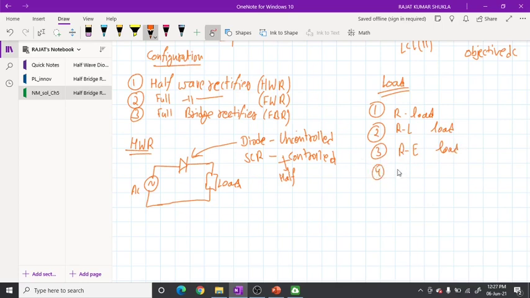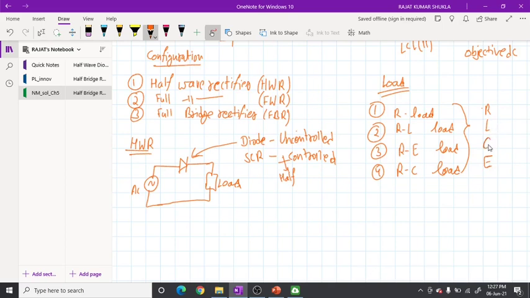The fourth is the RC load. If you observe these loads, there are four components: R, L, C and battery. These four components are very useful for characterizing the load.